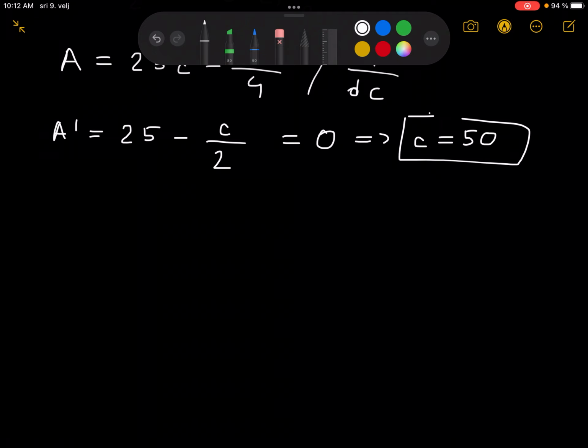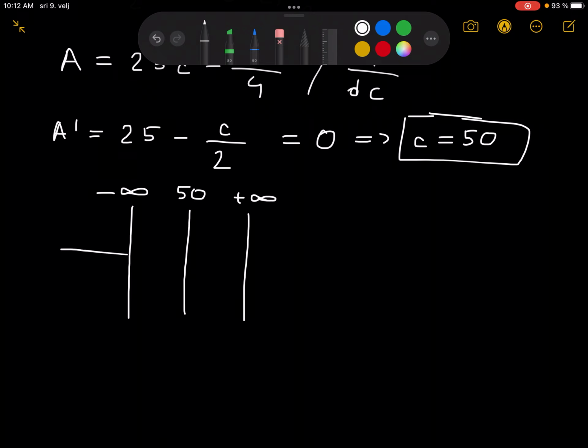And if we go ahead and draw a table, it's going to be a relatively simple table. Minus infinity, 50, plus infinity. Here we're going to have A prime, and here is A. So if C is less than 50, then we'll have a positive value. At 50, it's exactly equal to 0, and from here, it's going to be a negative value.